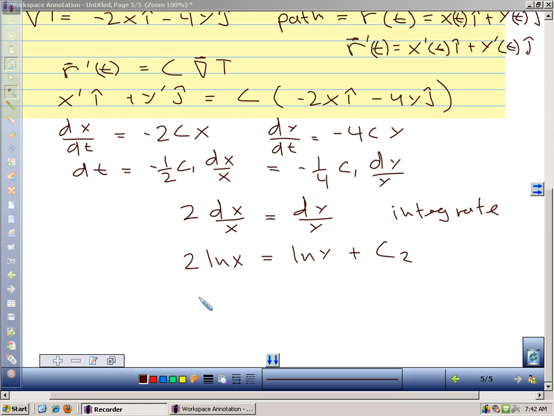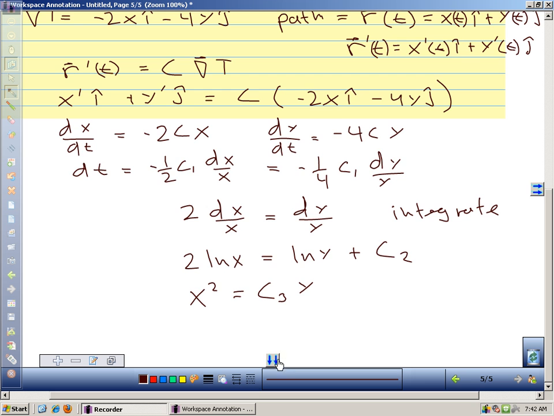So I get x squared equals c3 y. So I put these two in exponential form, and 2 natural log x is natural log of x squared. So that's where my x squared comes from. And I get e to the natural log y plus, and then just get another constant there.